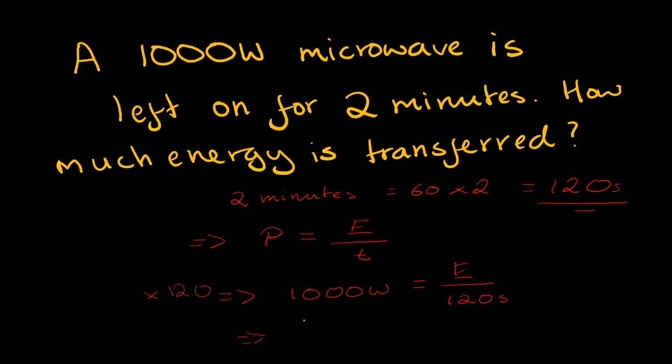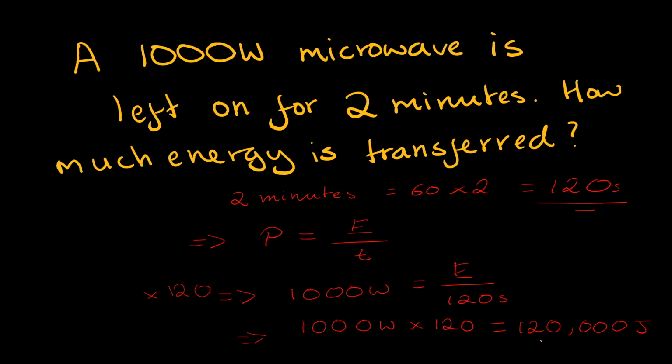So we've got 1,000 watts times 120. You add 3 zeros on, so 1,000 times 120 is 120,000. Let's look at the unit there. How much energy? So it's joules. You could put that into 120 kilojoules, couldn't you?